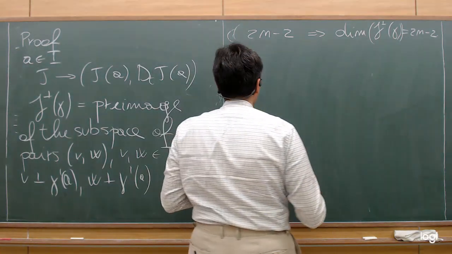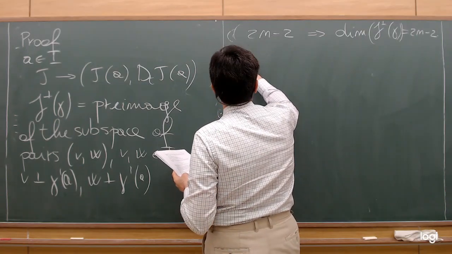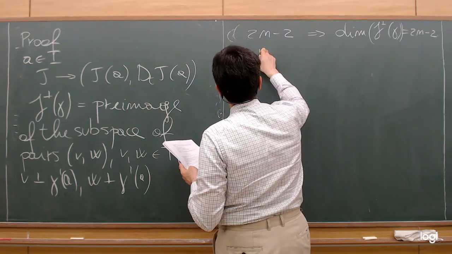On the other side, what can we tell about J tangent?